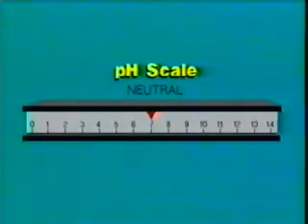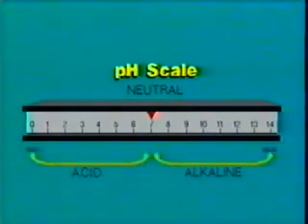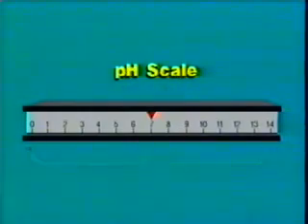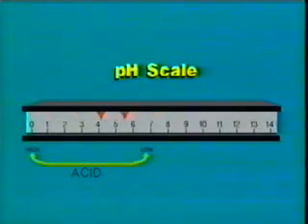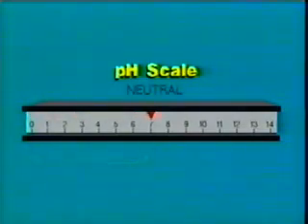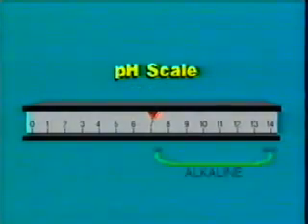pH refers to the corrosiveness of glycol. pH is a term used to express acidity or alkalinity. It is based on a 0 to 14 scale. 0 to 6.9 is acidic, 7 is neutral, and 7.1 to 14 is alkaline.